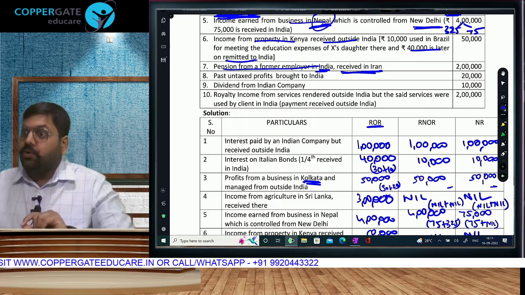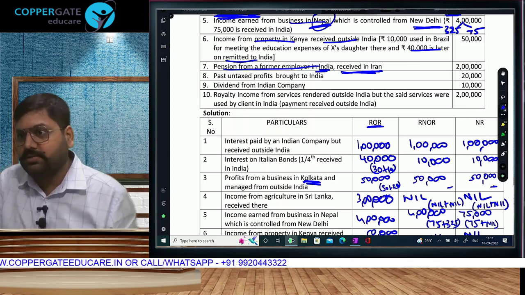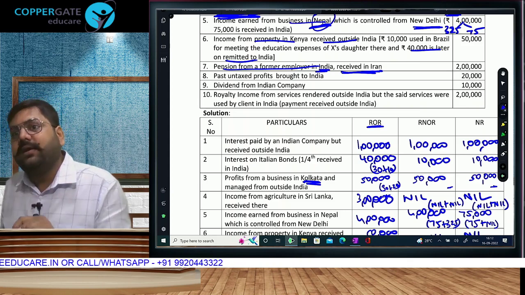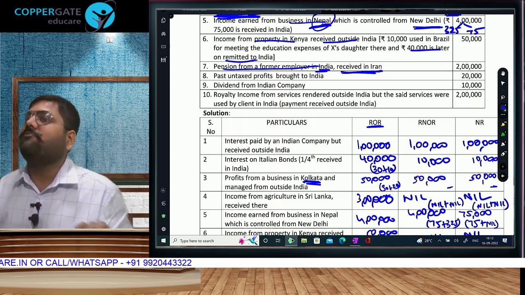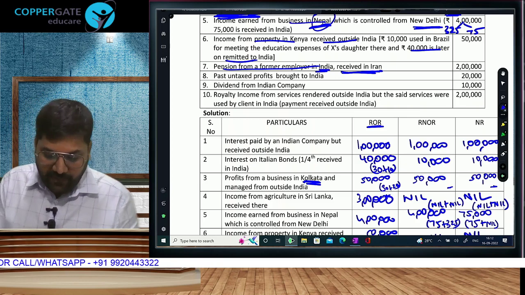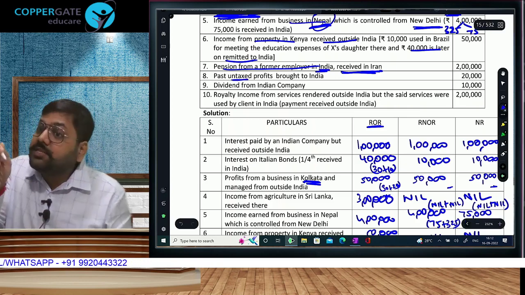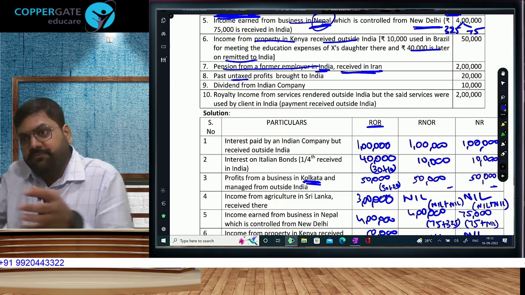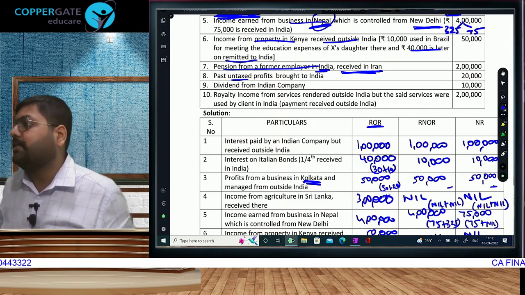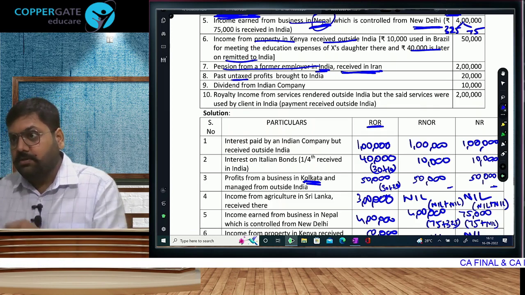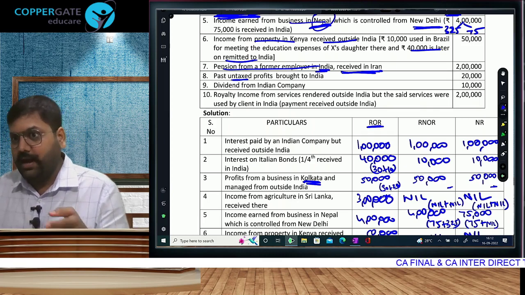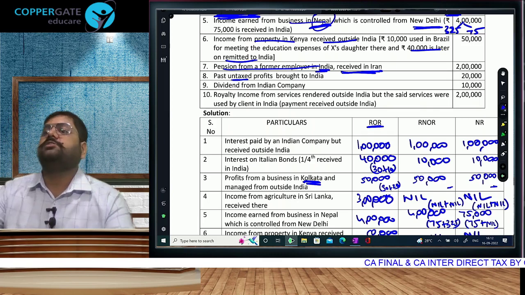That means we had to assess you on the basis of that year ka residential status. It will change every year. If you were resident at that time, it would have been taxed at that time itself. The fact that it was untaxed means that most probably you were at that time also non-resident, but in future because you spent more time in India, therefore you have become ROR today. But the year to which the income pertains, you were possibly RNOR or non-resident.